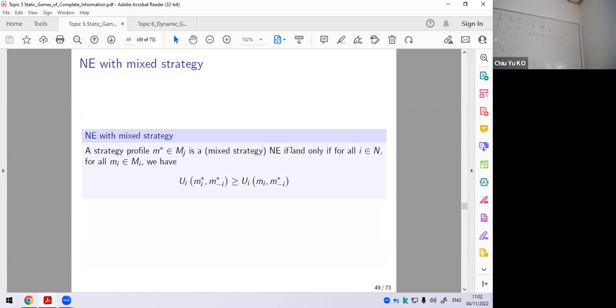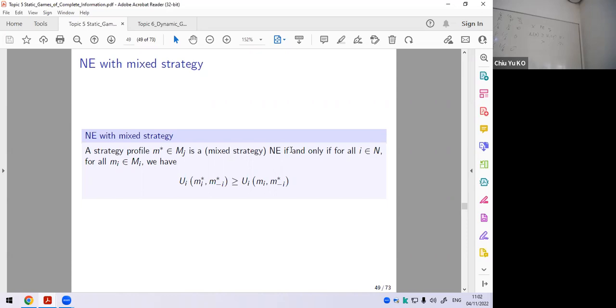Because of that definition, you can easily see that if one strategy is strictly dominated, you don't randomize over it, because randomizing over it is obviously worse.